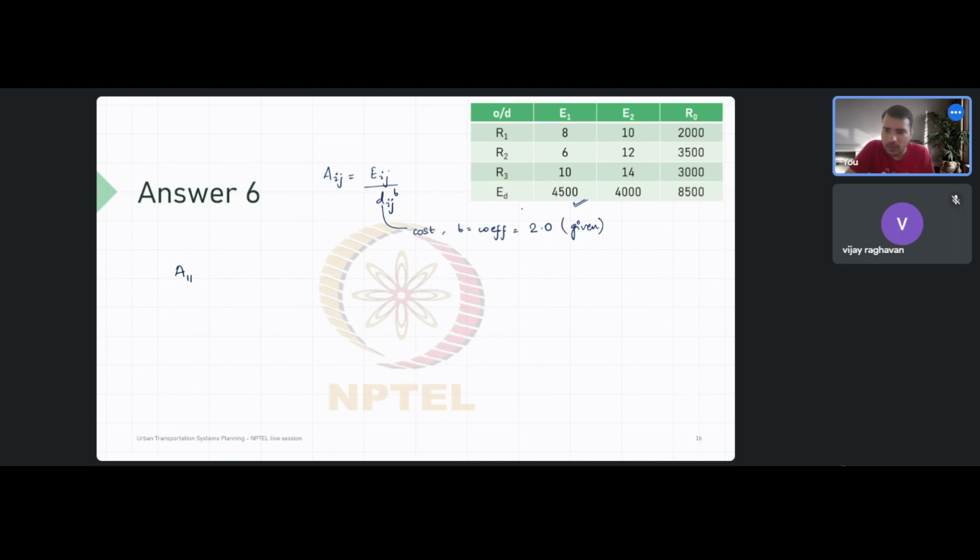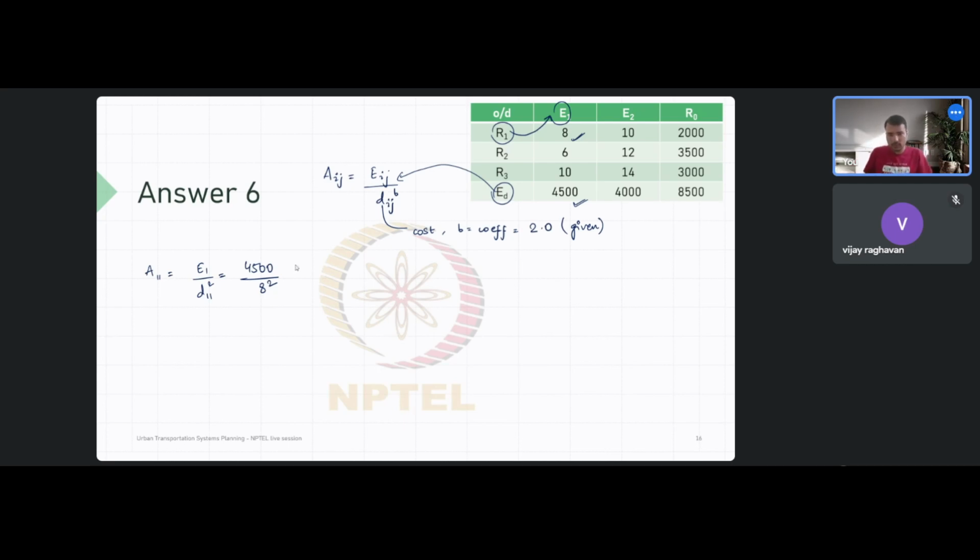So firstly we'll take the total E value. For this column we'll take 4,500 divided by d_ij. So we are going from R1 to E1. We'll live there and we'll work here. So R1 to E1 is 8, so 4500 by 8 square. So A11 will be E1 by D11 square.